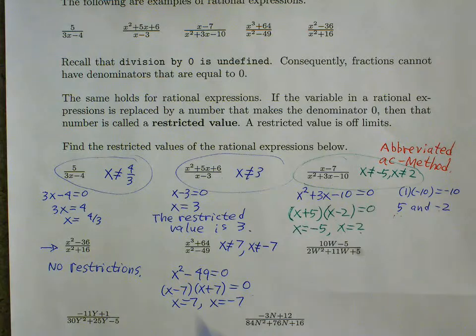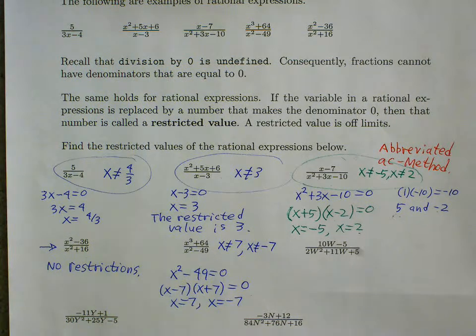Okay, so you can see there's a difference. A sum of squares is not the same as a difference of squares. We can factor a difference of squares using real numbers, but a sum of squares like x squared plus 16, we cannot factor that using real numbers.